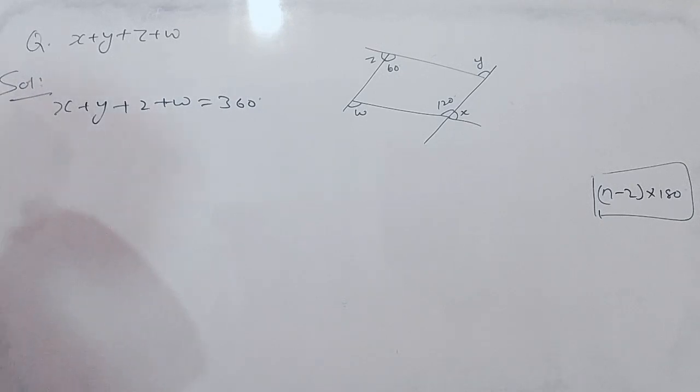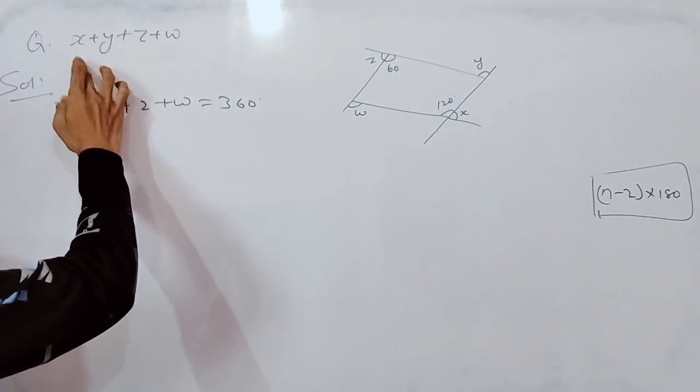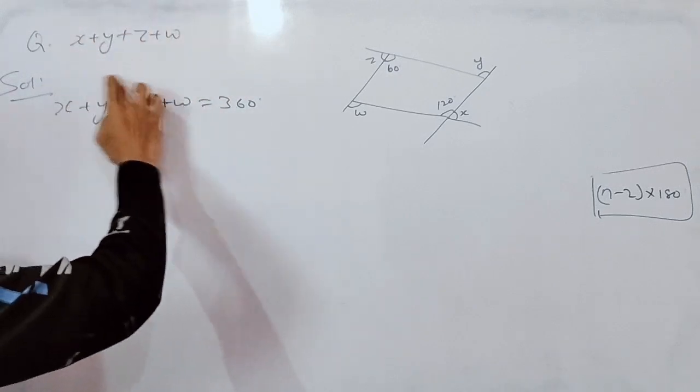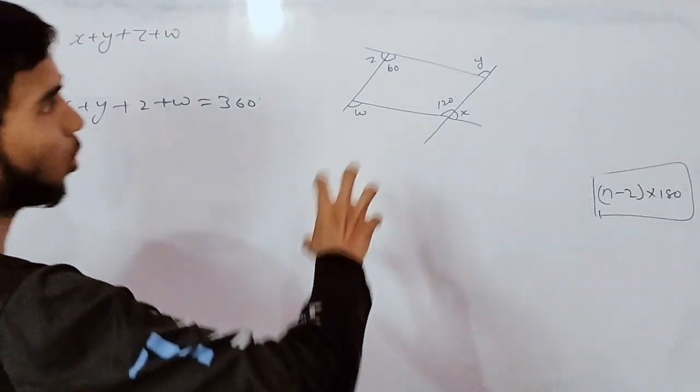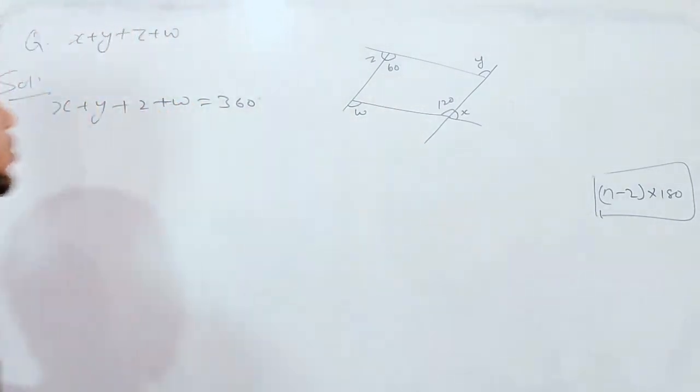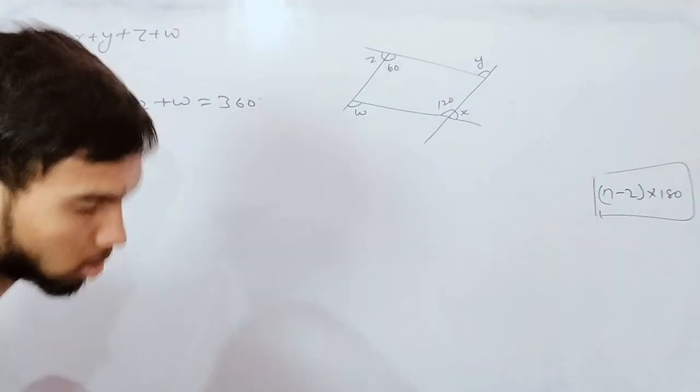Now next question. Here this is given. As we know, the sum of all interior angles of a quadrilateral is equal to 360.